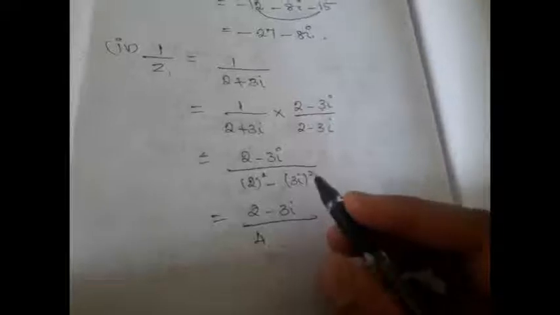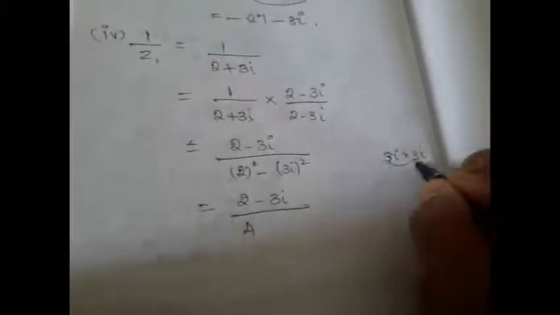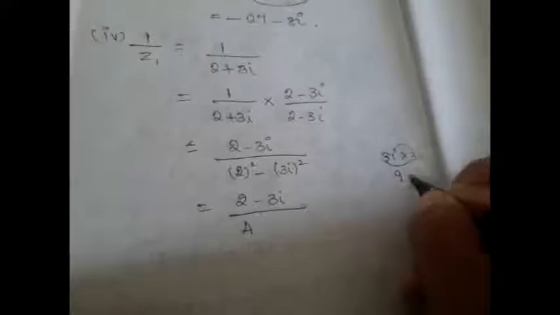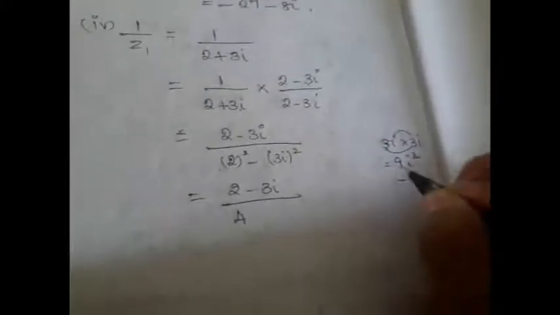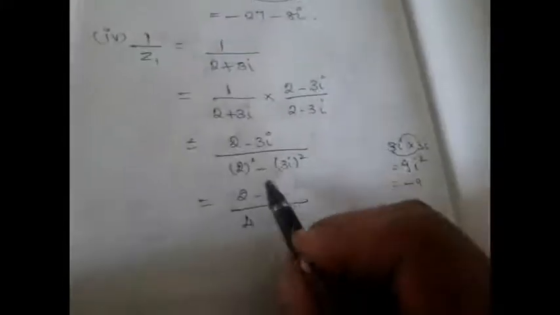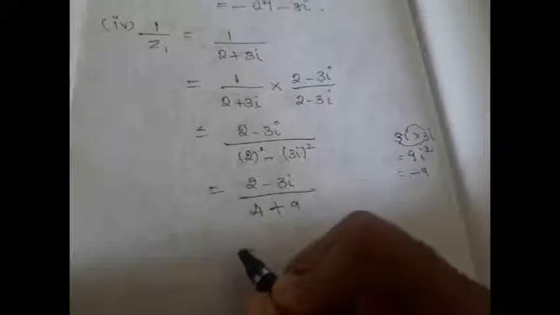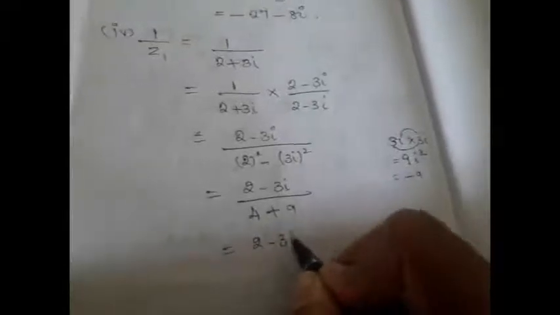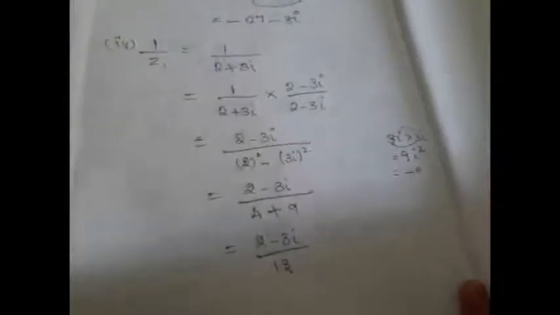What will happen to the 3i square? 3i into 3i, so 3 threes are 9. i into i is i square. What is i square? Minus 1. So 9i square is nothing but minus 9. Already we have a minus here, so minus into minus becomes plus 9. So 2 minus 3i divided by 9 plus 4, which is 13, is going to be the reciprocal of the given complex number.